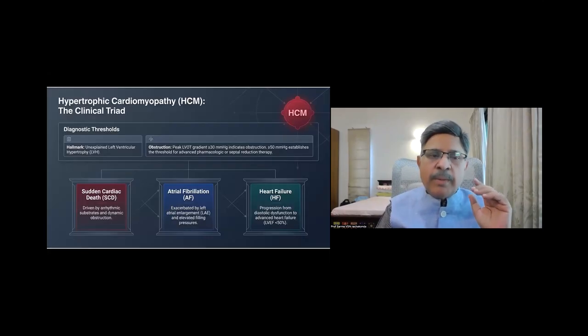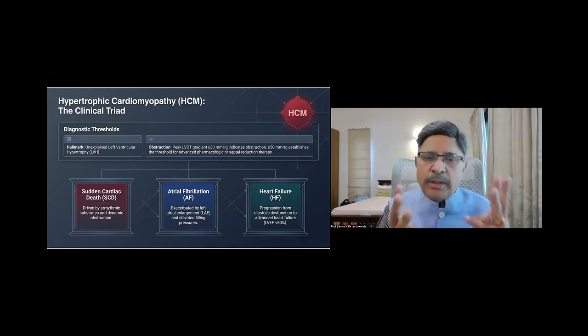Let us start with another important thing: sudden cardiac death, arrhythmias and heart failure are 3 important complications associated with cardiomyopathy. SCD, sudden cardiac death, is driven by arrhythmic substrate and dynamic obstruction. The patient will sleep and tomorrow morning is not there: sudden cardiac death.